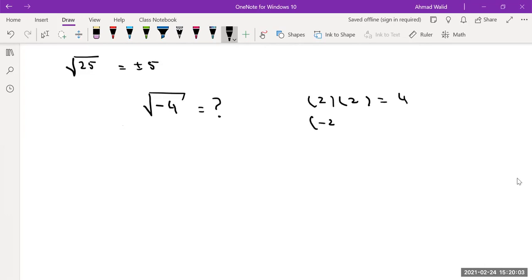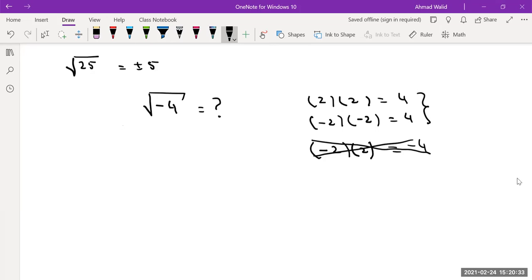If I multiply negative 2 and negative 2, again it gives me positive 4. And I cannot multiply negative 2 with positive 2 and say, oh, 4. This is wrong. It's not the square root. You cannot multiply two different numbers. A number should be multiplied by itself. And in both cases, your answer is positive. Then what is the square root of negative 4?